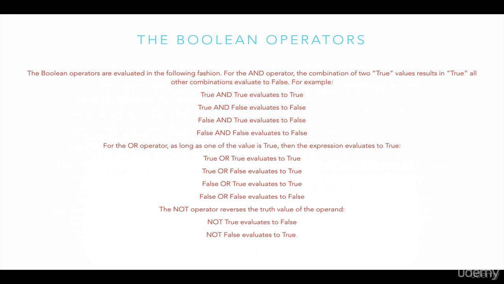False or true evaluates to true. As you can see, in the third example, the second part of the statement is true, so the entire expression evaluates to true, okay? But for the fourth example, false or false evaluates to false, so the first part is false and the second part is false too, so the entire statement evaluates to false, okay?